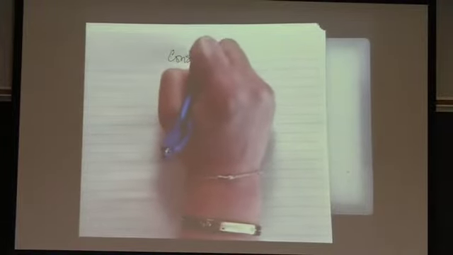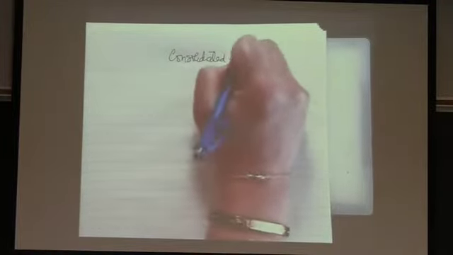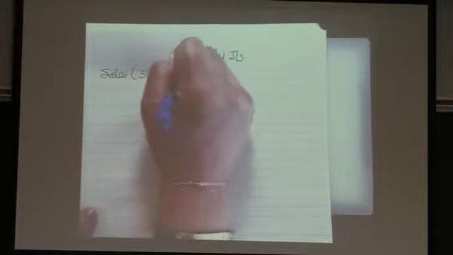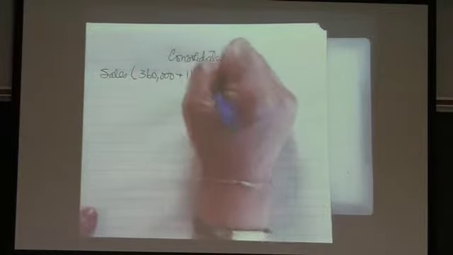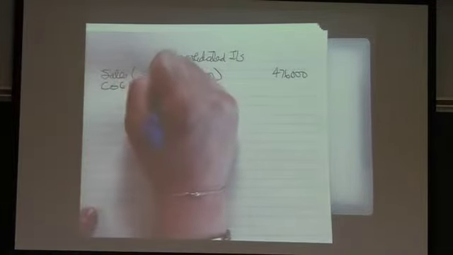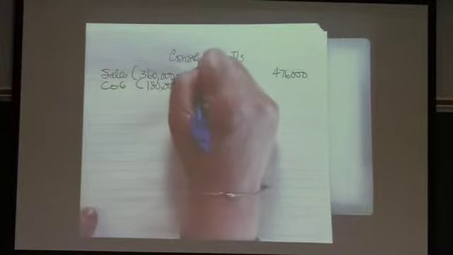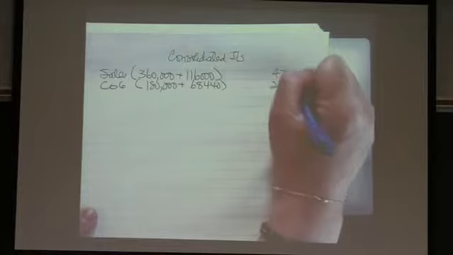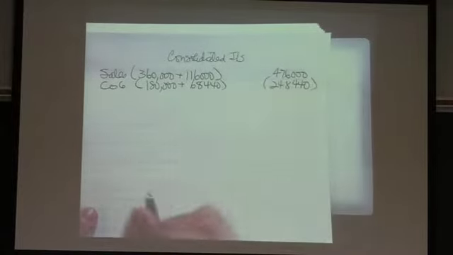So we're going to do the consolidated income statement now. So I've got sales, parent, plus the sub, COG, parent, plus the sub, now, goodwill impairment.